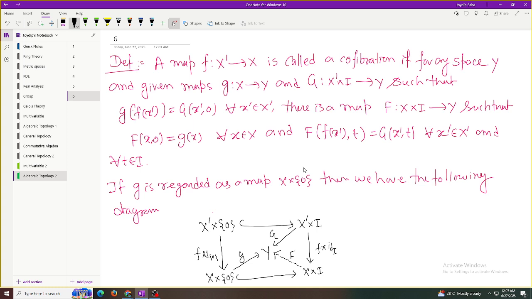Now you can take X prime as a subspace of X and the inclusion map instead of f.